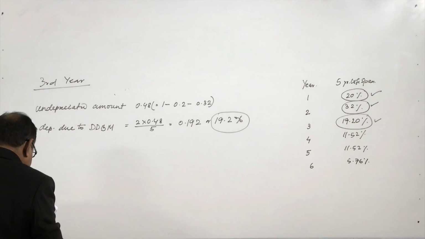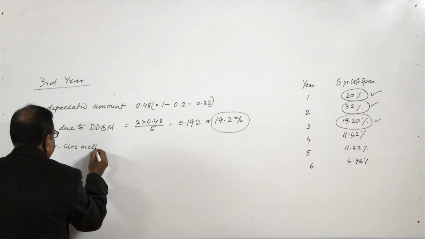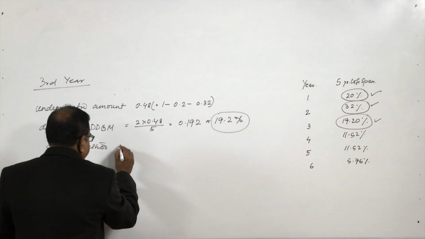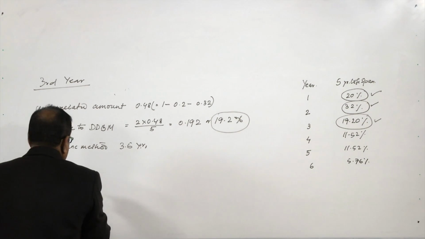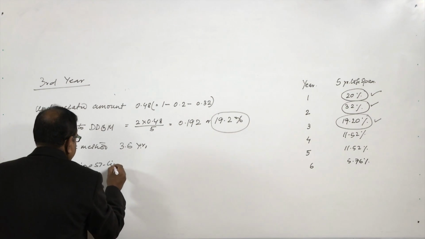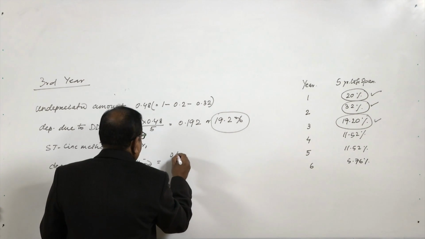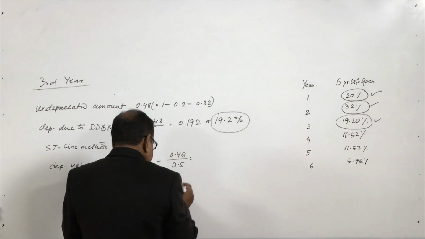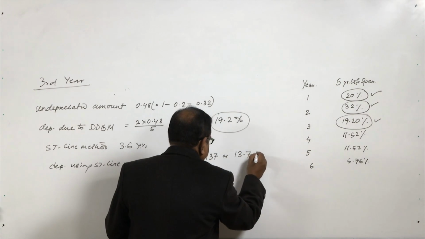Now, if I calculate the depreciation using straight line method, it is 3.5 years remaining, and depreciation using straight line method is equal to 0.48 divided by 3.5, which comes out to be 0.137 or 13.7%.